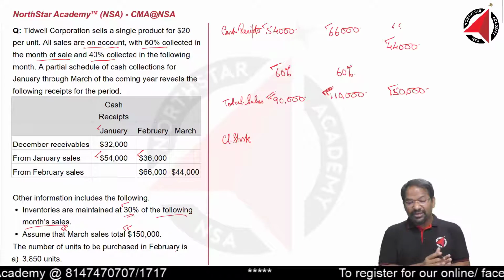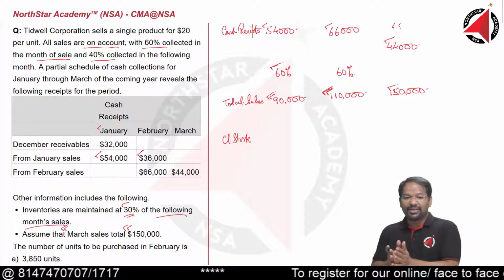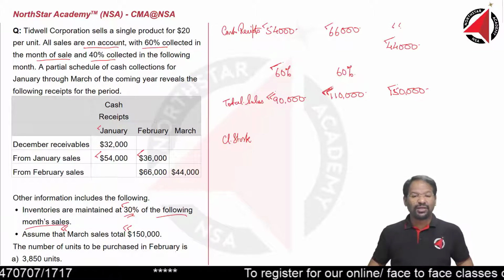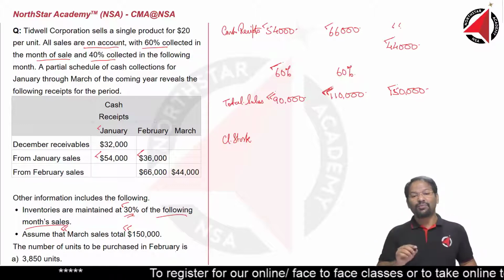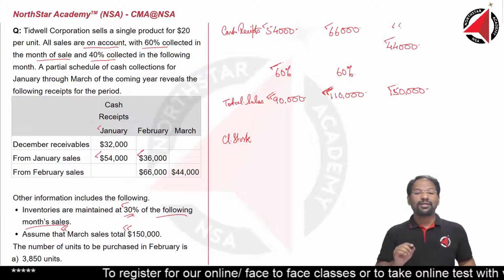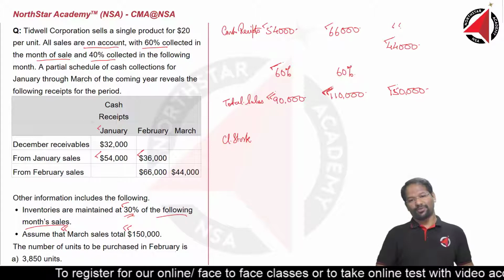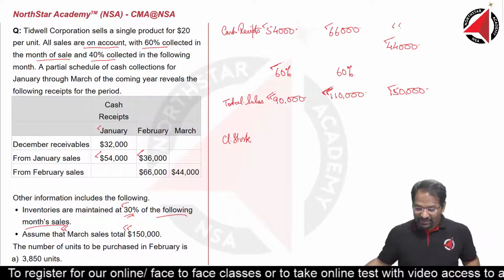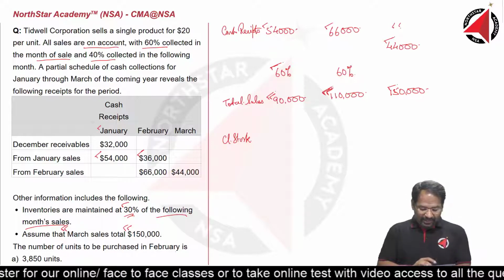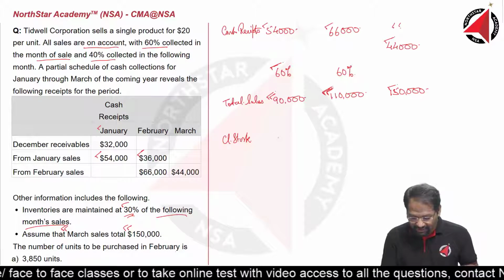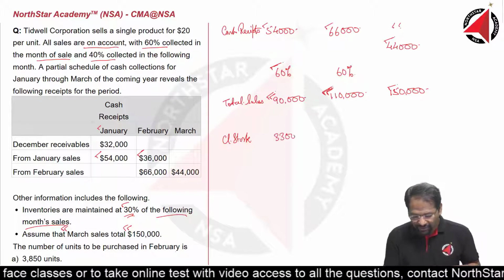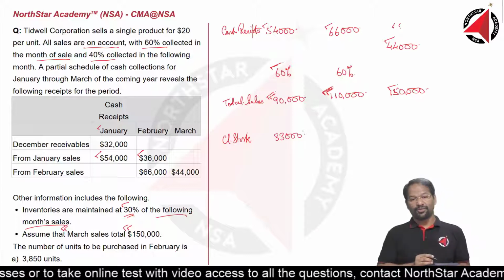So whatever is going to be sold in February, 30% will be manufactured in January. In other words, 30% of February sales will be January's closing stock. February sales are 110,000 times 30%, so 33,000 will be January's closing stock.